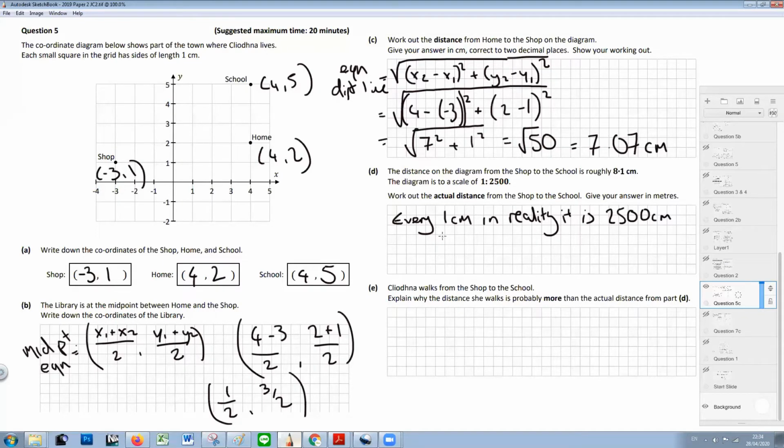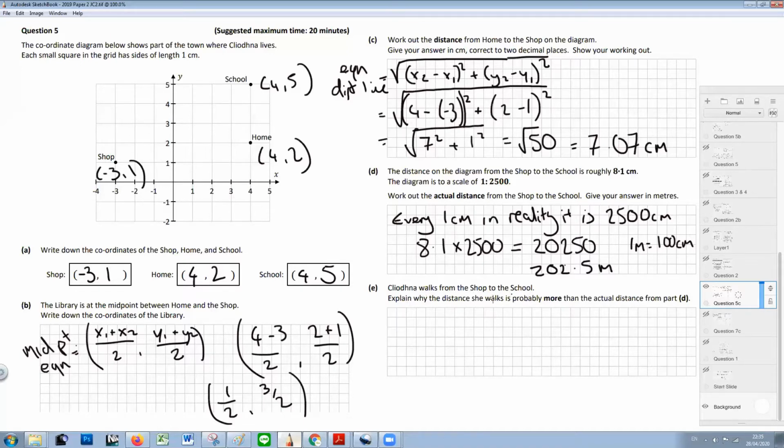So we multiply 8.1 by 2,500, and your answer is going to be 20250. But it asks us for our value in meters. Every 1 meter is equal to 100 centimeters. Therefore, our value is going to be 202.5 meters. And that's the answer, because it asks us to give the answer in meters.